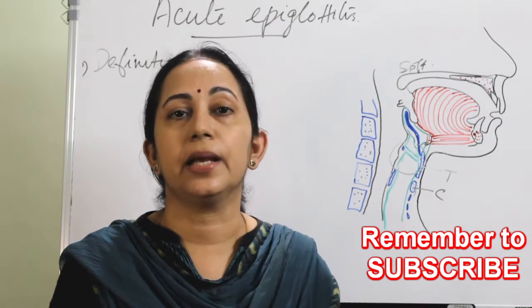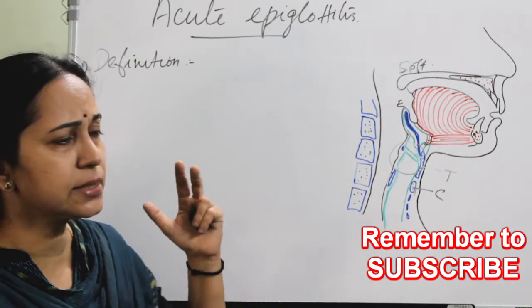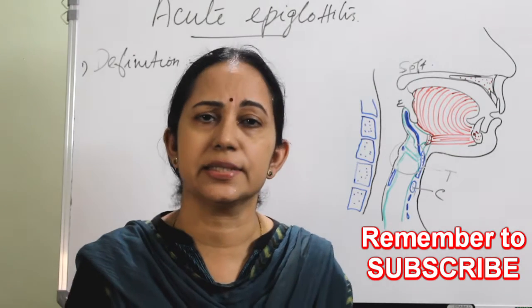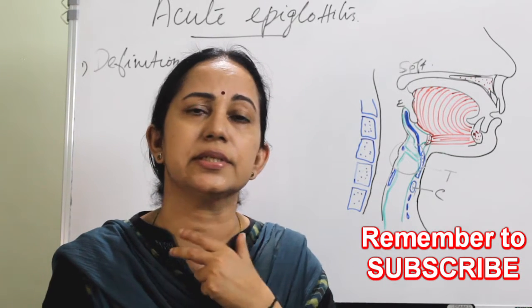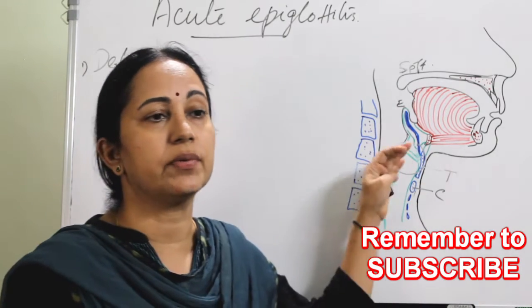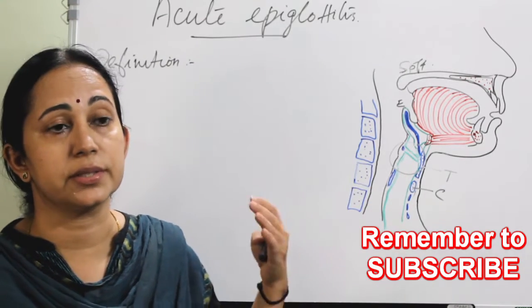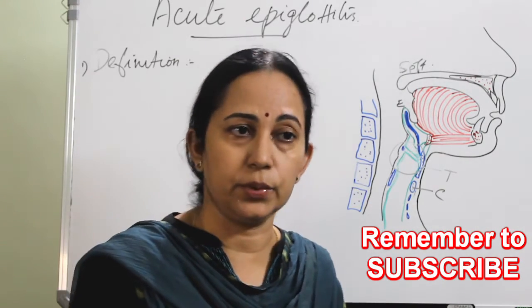With a male preponderance, this becomes more severe in children. Why? Because the mucosa is loosely attached, so the infection can spread so easily, and acute respiratory obstruction can happen. So it's more severe in children.